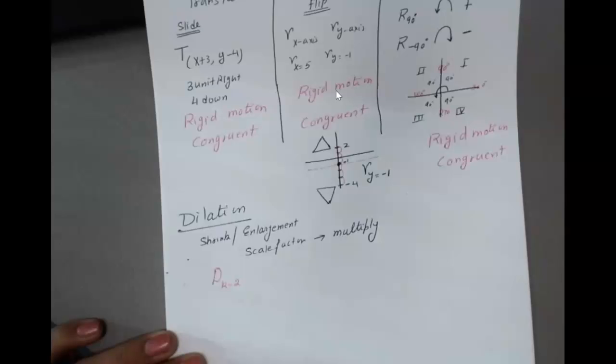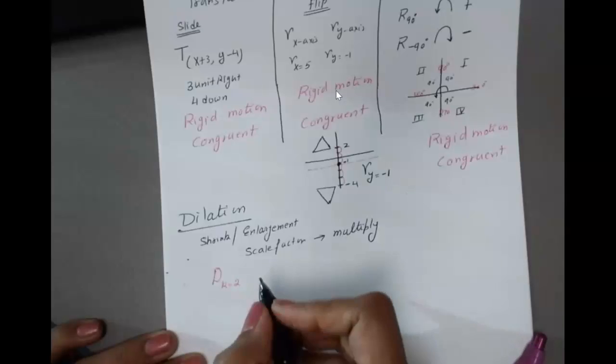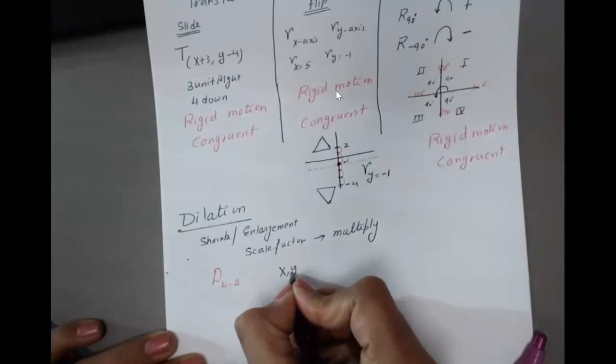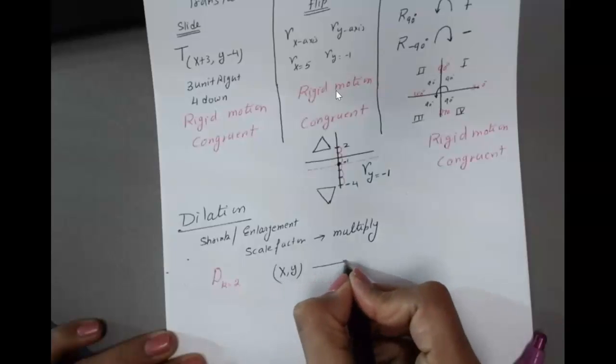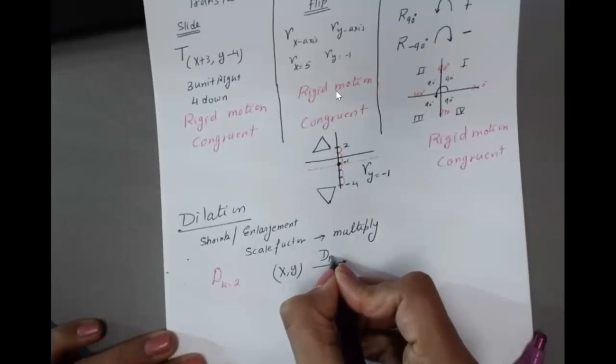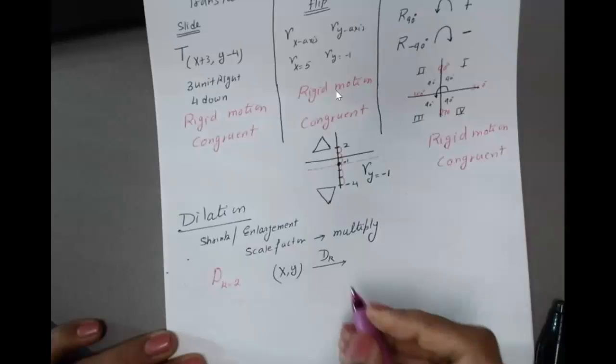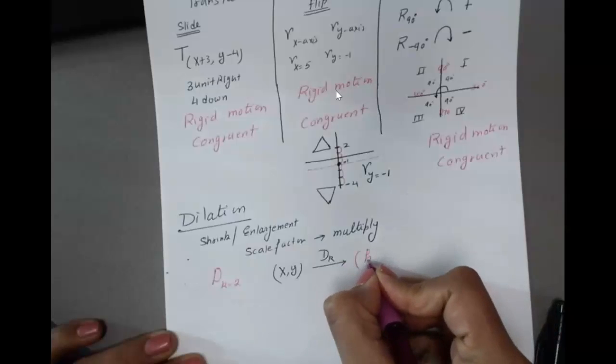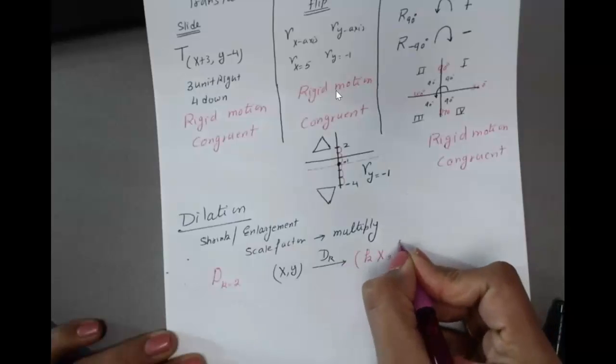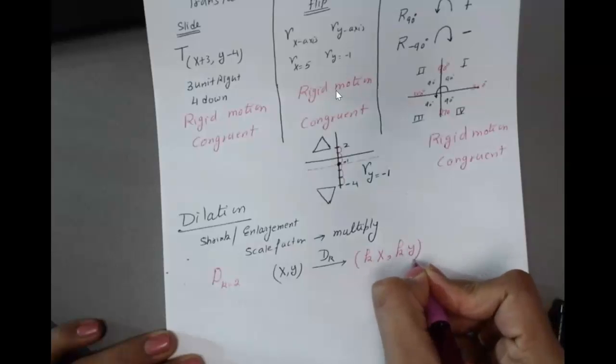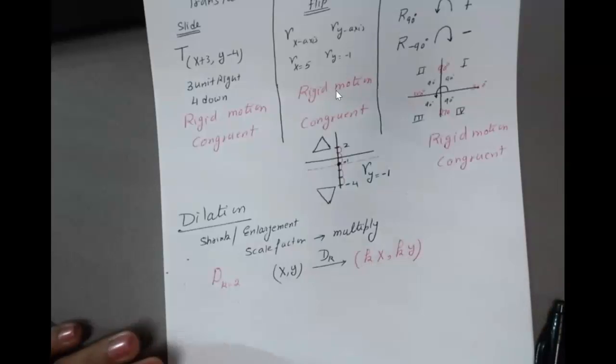That means if you have any point x and y, and the dilation is with scale factor k, your new points are going to be k times x, comma, k times y. You multiply each one. That is called the scale factor or dilation.